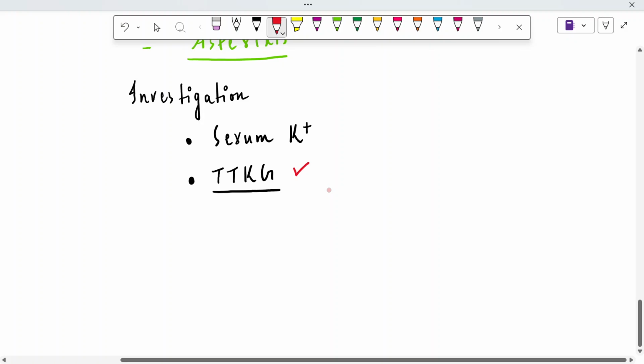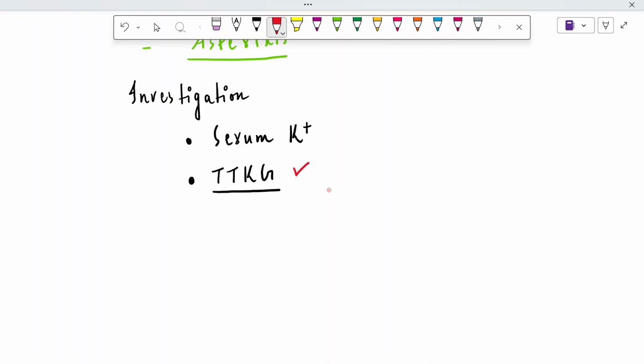Basically, this test estimates the function of the tubules in secreting or reabsorbing potassium. If its value is more than 4, it means that potassium is being secreted more, and that's exactly hypokalemia.